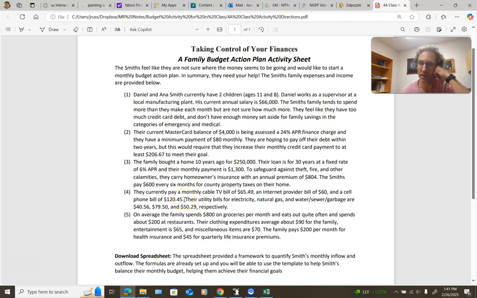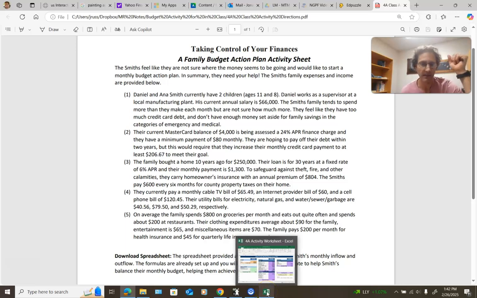So my guess would be what they've done is they looked at the previous year, and they took the total amount that they spent on electricity, natural gas, water, and then they averaged that, and that's what they're allocating for each month. Okay, and that's a good idea, by the way.